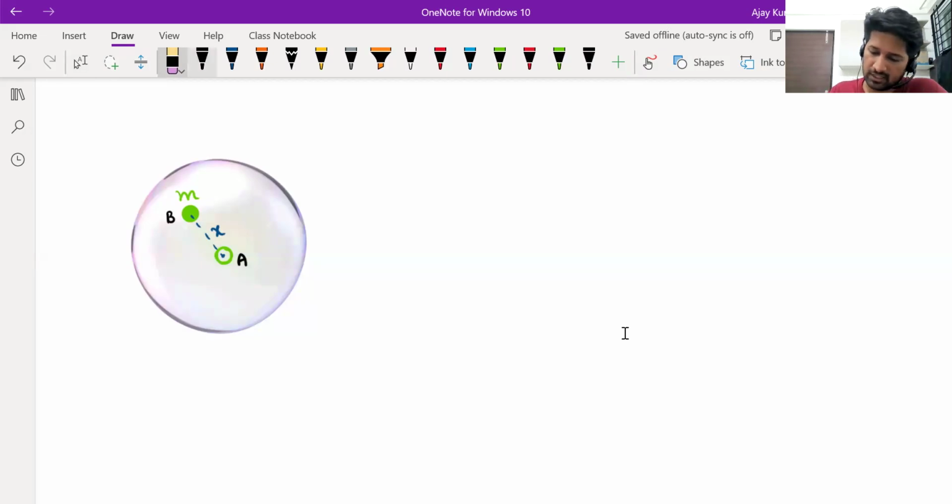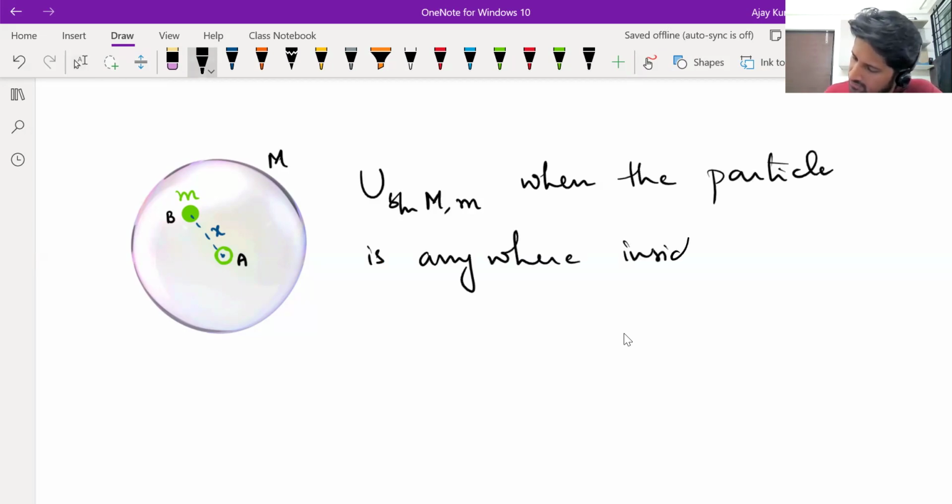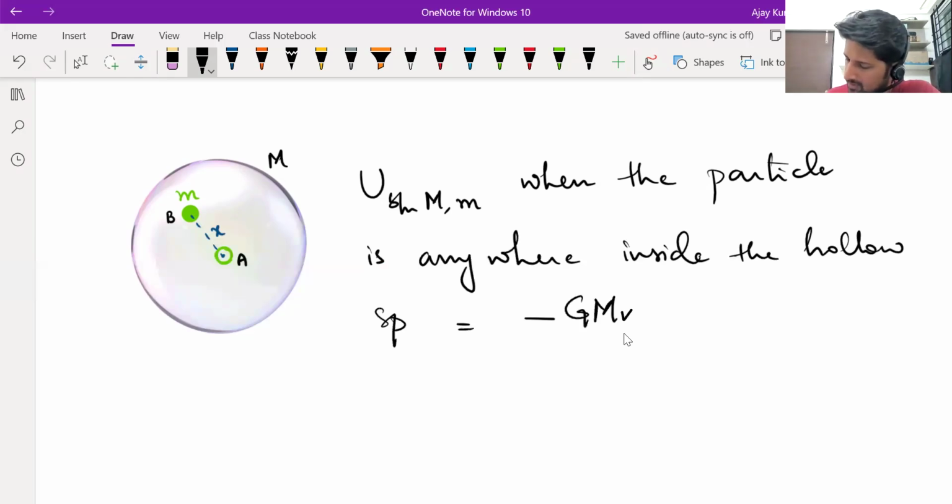Therefore, the potential energy between the hollow sphere and this particle, when the particle is anywhere inside the hollow sphere, is always the same, and it is minus G capital M small m divided by the radius r.